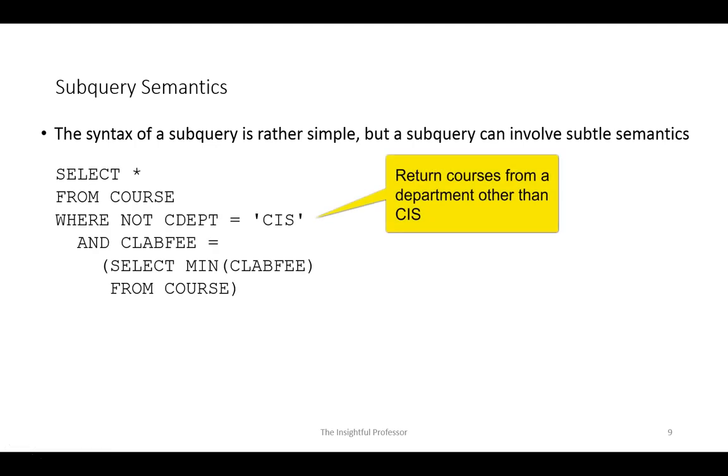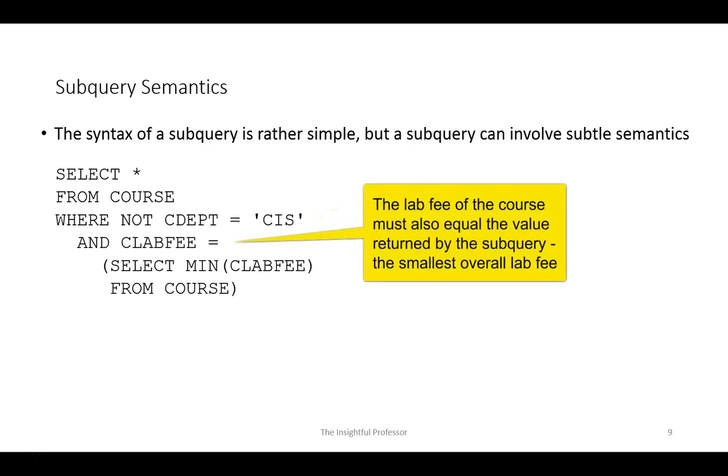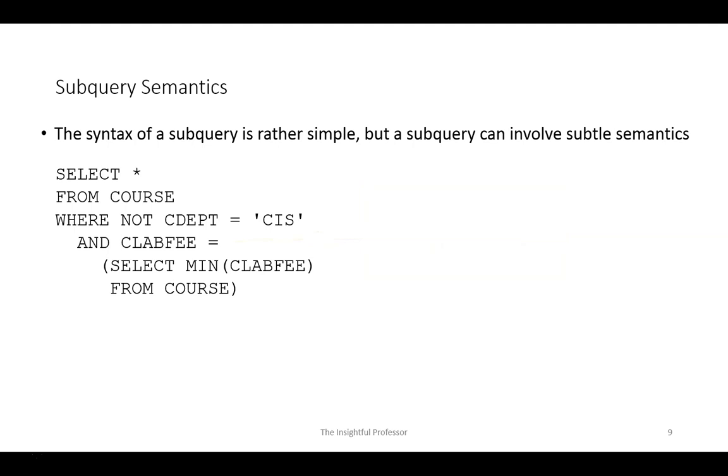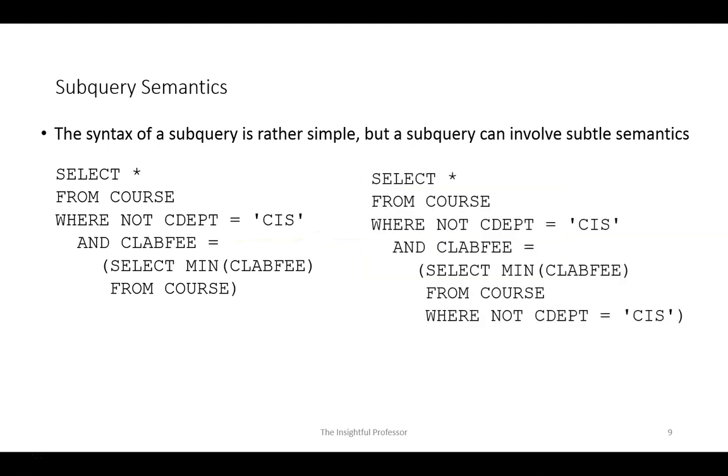In this example, what we're doing is selecting from the course table, and we want only courses that are not sponsored by the CIS department. Additionally, we want the lab fee of the course to be equal to the result returned by the subquery.